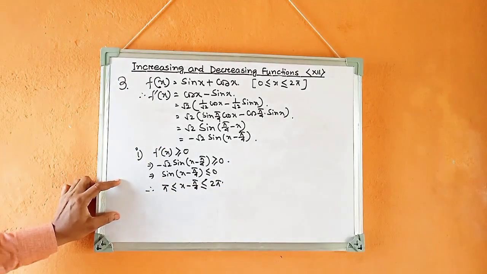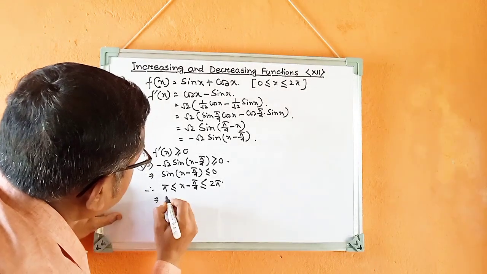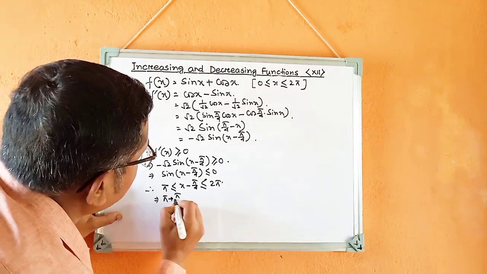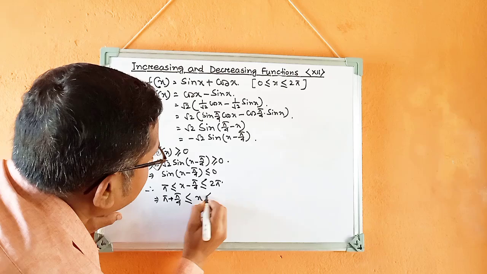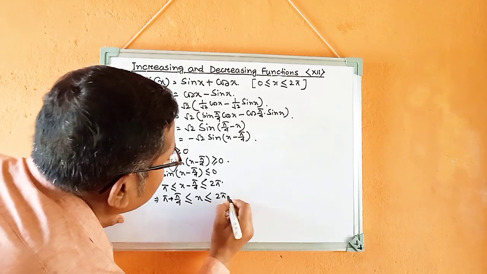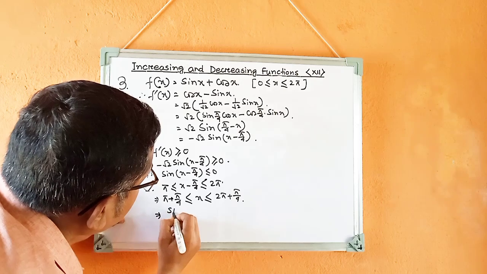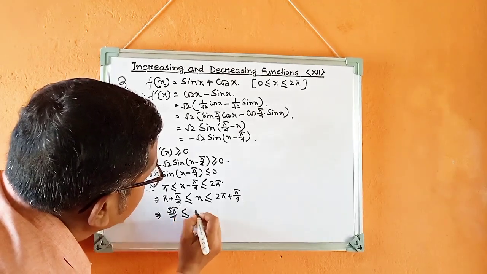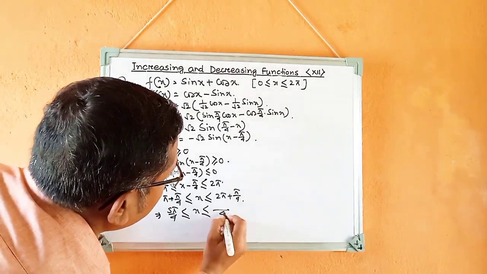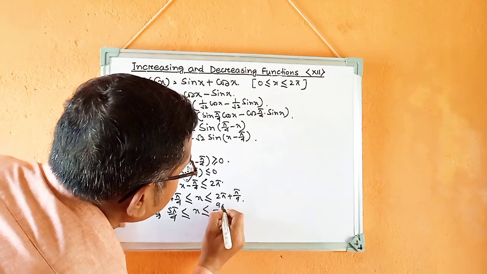Clear? Now add pi by 4. Therefore pi plus pi by 4 less than or equal to x less than or equal to 2 pi plus pi by 4. Okay, so we get 5 pi by 4 less than or equal to x less than or equal to 9 pi by 4.